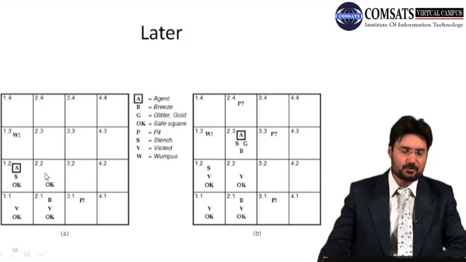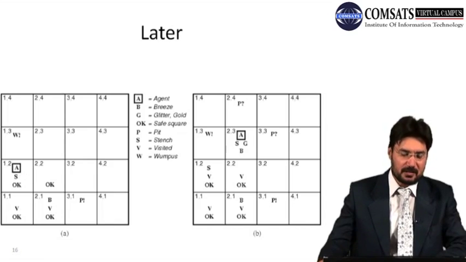Or it cannot be in 2.2, because when we were in location 2.1, we should have received the stench there also, if there is a Wumpus here, because the stench should have come in this direction also. But when we were here, we knew that there is only a breeze coming. So if the pit is in this location at 2.2, this means that the breeze will also come here. But in this situation, we come to know that it's only a stench, it's not a breeze.